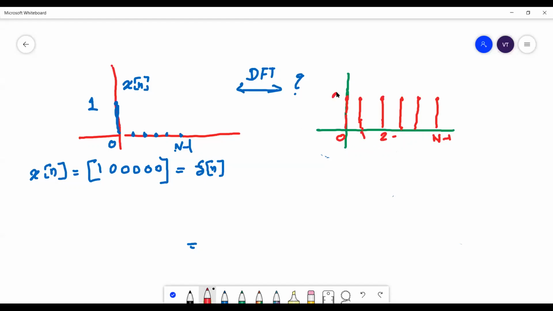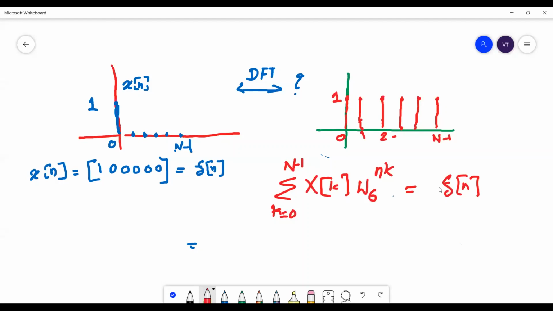And what are the values? This is equal to 1. So what does this indicate? If you add all these complex exponentials, that is sigma k equal to 0 to n minus 1 of x of k into wn, that is here w6 raised to nk, it is equal to delta n in this example.